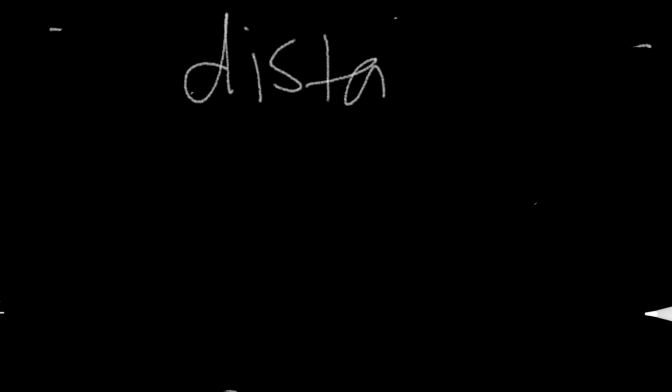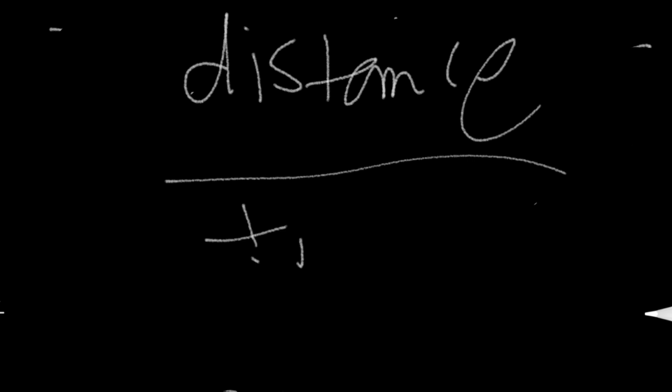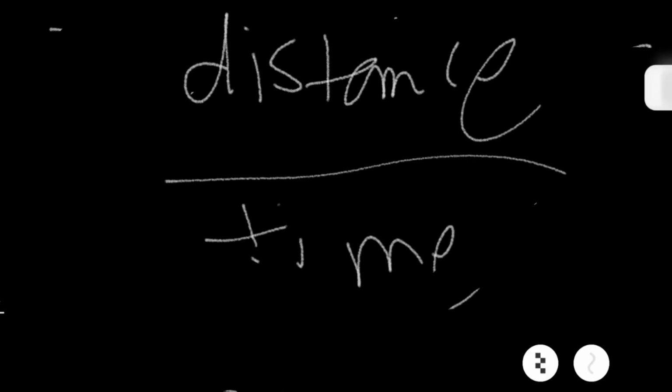Displacement is just how far the starting position is from the final position. Speed is the relationship between distance and time, so the formula is distance over time. How far did you travel in a certain amount of time? That is speed. And the counterpart of speed, velocity, is basically speed with direction.